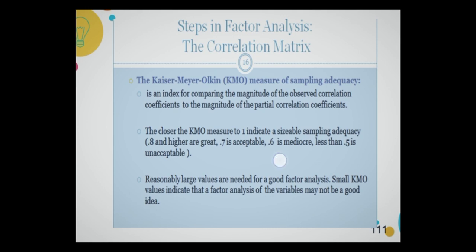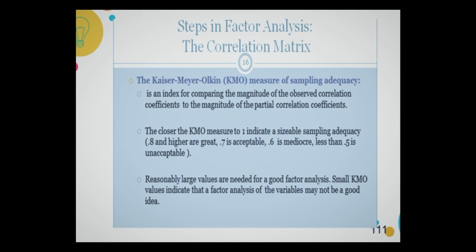So the rule of thumb for KMO value adalah more than or equal to 0.6. Okay, if the value of KMO is more than or equal to 0.6, we can say that the factor analysis can be conducted. If it is less than 0.5, we cannot conduct the factor analysis.